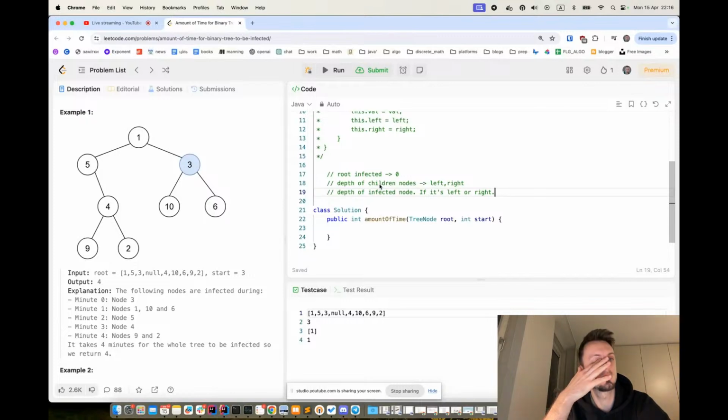To find the depths, we can do DFS and return the maximum.